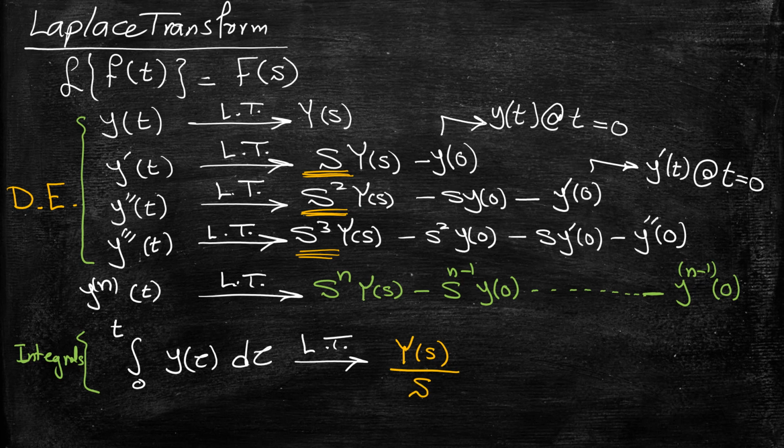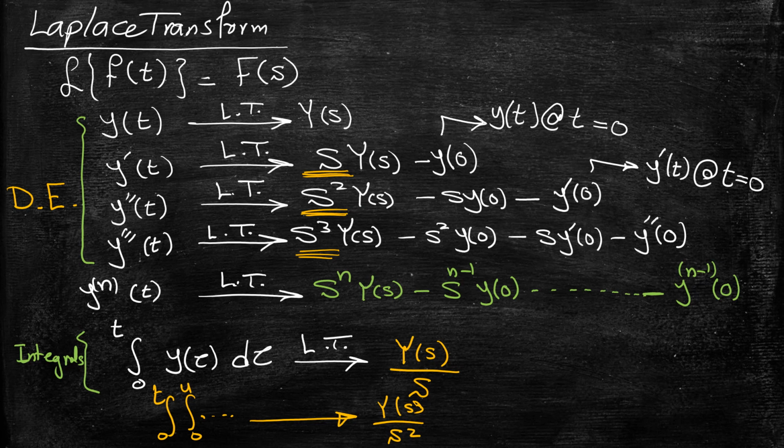If we have a second integral, so two integrations, it will be divided by s squared, with y of s. So it is the same thing here: if we have a derivative, we have multiplication by s on the other side; if we have integration, it will be division by s on the other side. Using these properties, we can solve differential equations.